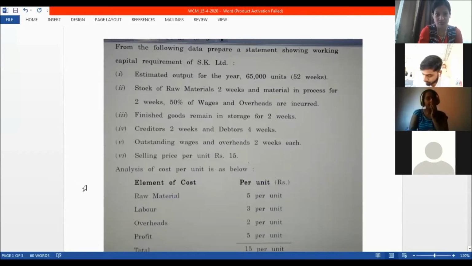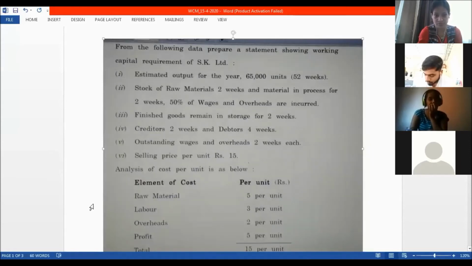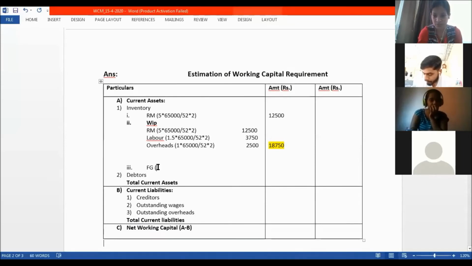So in that case, total cost, if you find out this plus this plus this, so that will come 10 rupees. Okay, so 10 rupees per unit. If it is 10, multiply by 65,000. This is the total cost of production for a year.